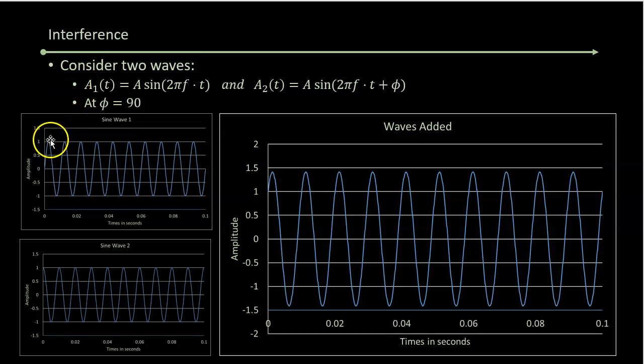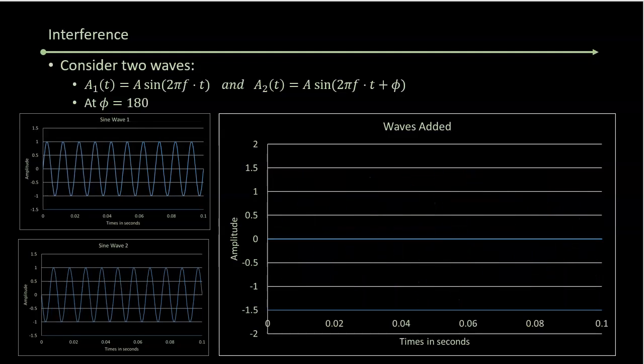So they're not quite in sync. Well, now you have a wave with a slightly different phase from either one of them, and it doesn't peak all the way up at 2, it's down under 1.5. So that's at 90 degrees, or in this case, pi over 2.